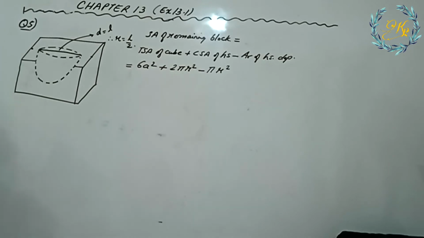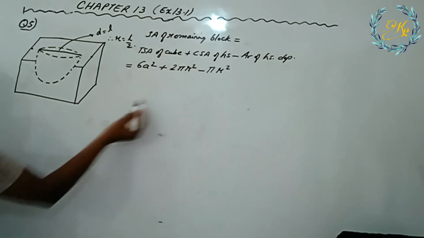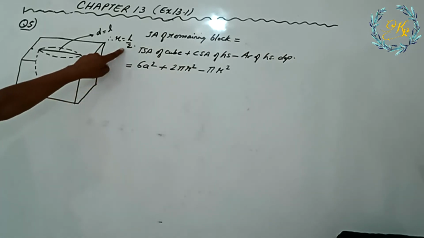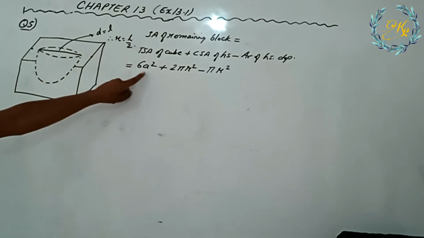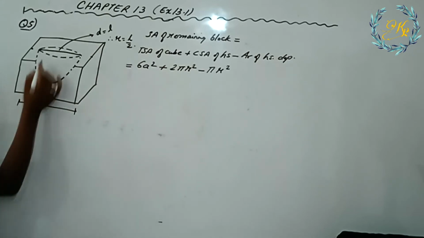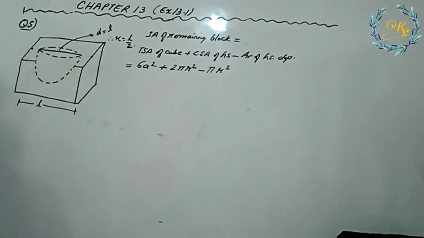Now relating to this figure, we have to find the value of radius here. You can see the radius is L upon 2, and the edge of the block is given as L, which is equivalent to the diameter of the hemisphere.